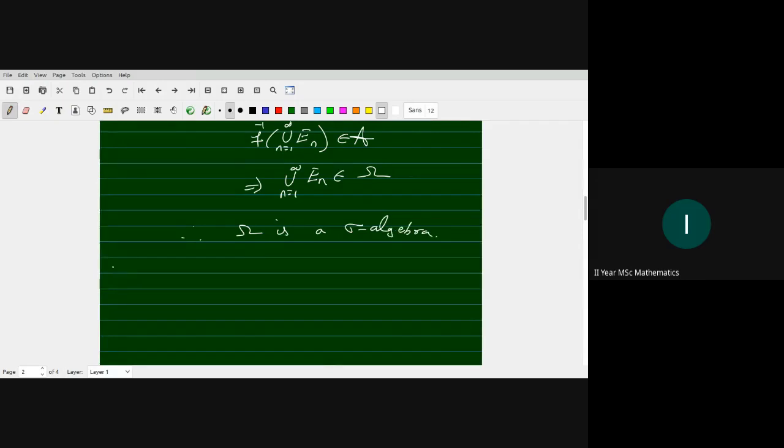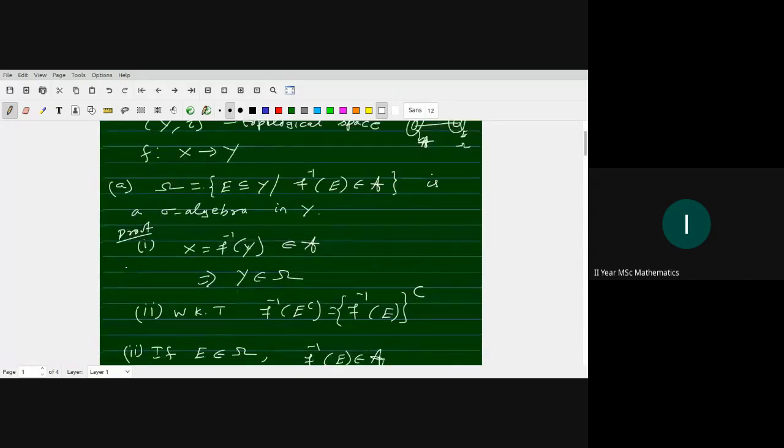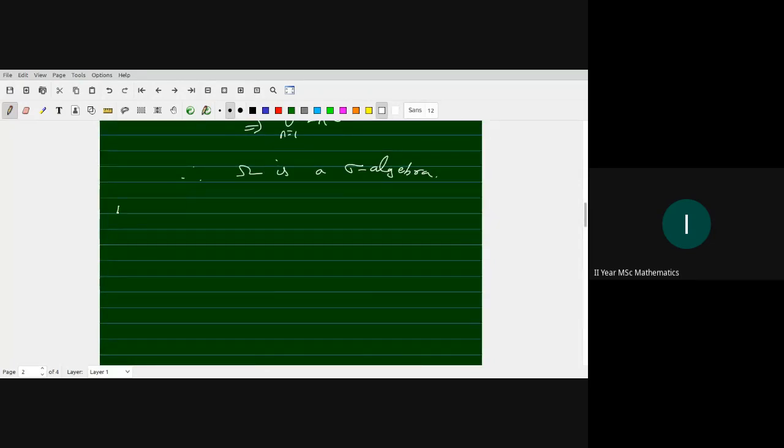Okay, this is for a general map. The result is true for any map, right? In addition, if f is a measurable function from X into Y, then the inverse image of every open set is measurable.